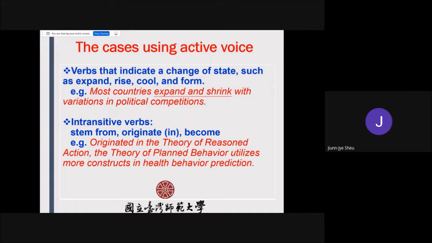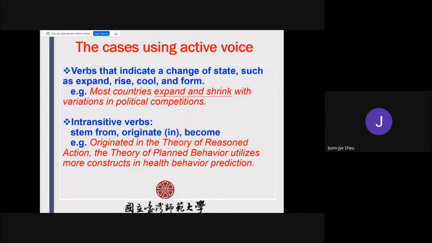And also, you may use some intransitive verbs, such as stem from, originate in, or become. For example, originated in the theory of reasoned action.